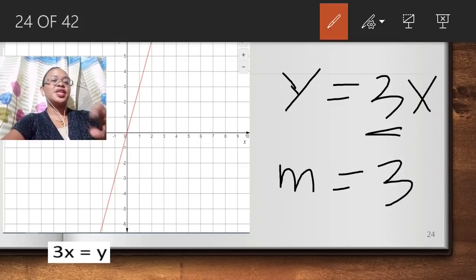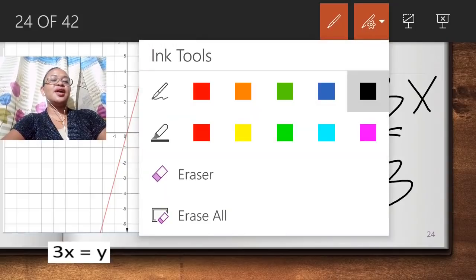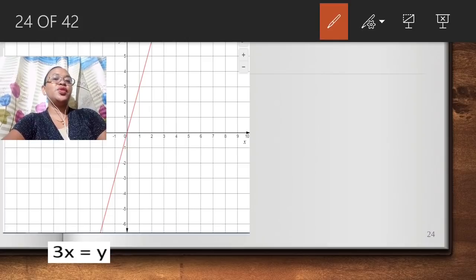The slope for this equation is 3. Okay, so that is the wonders of math. So even if you use different ways of solving, you will always reach the same answer as long as you did not violate any mathematical principle.